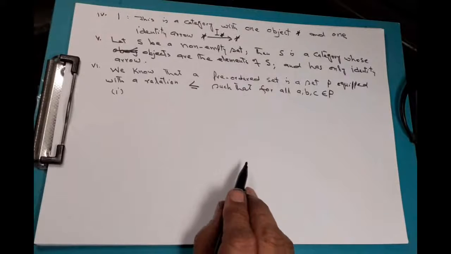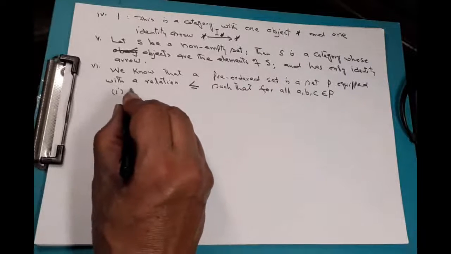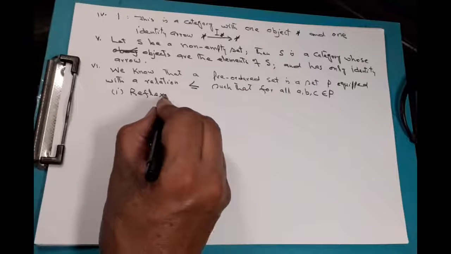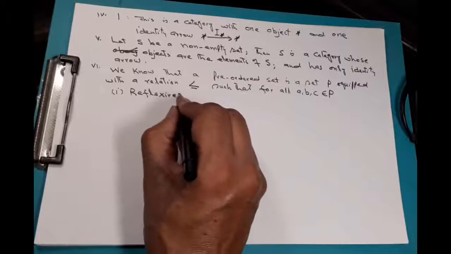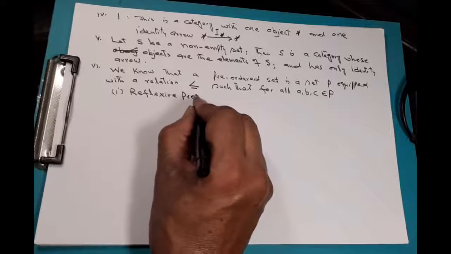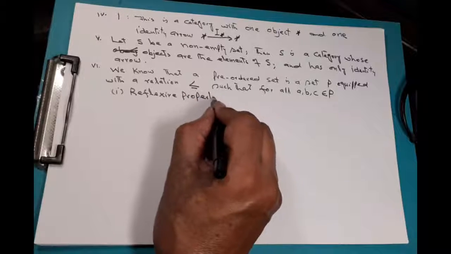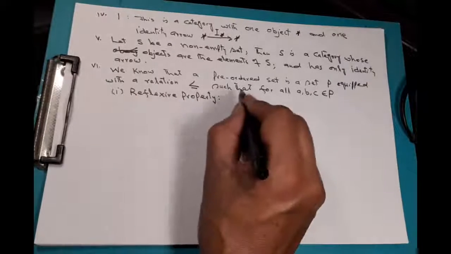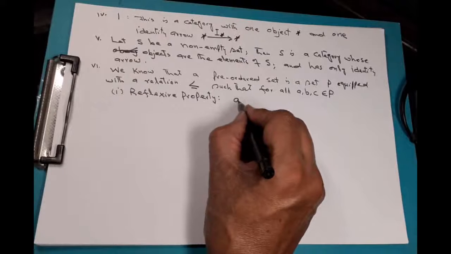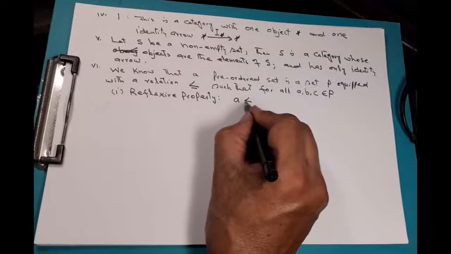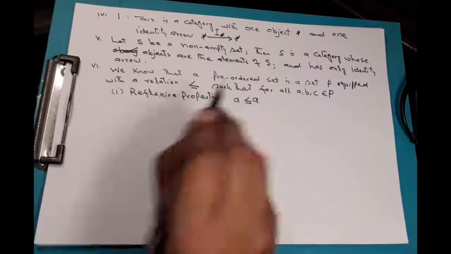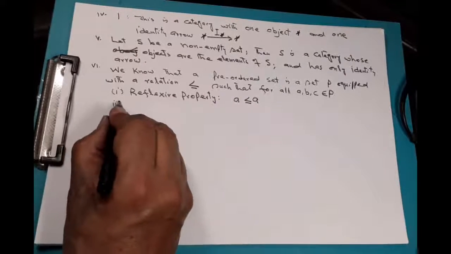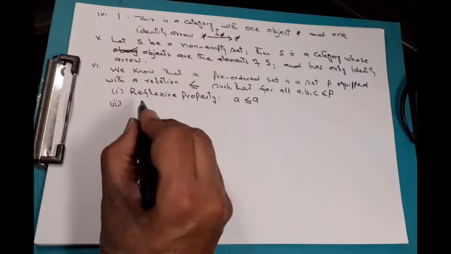This is called the reflexive property. That means that every element A is related with itself. A is related with A, reflexive property. And secondly, that is the transitive property.